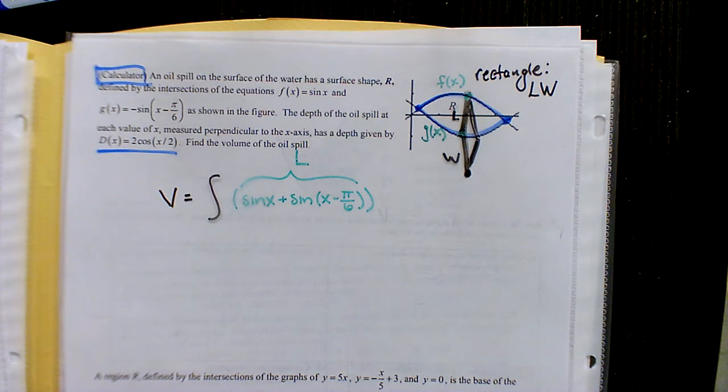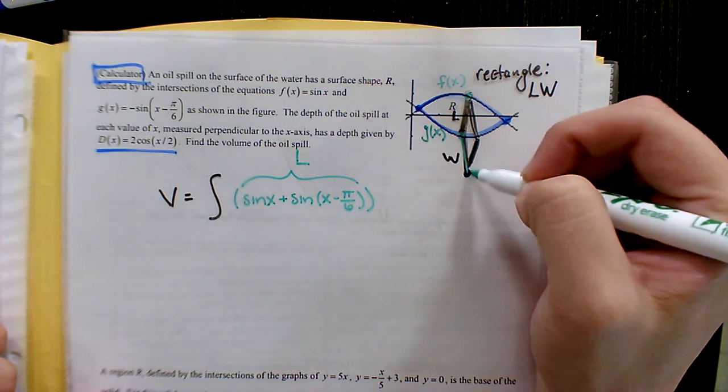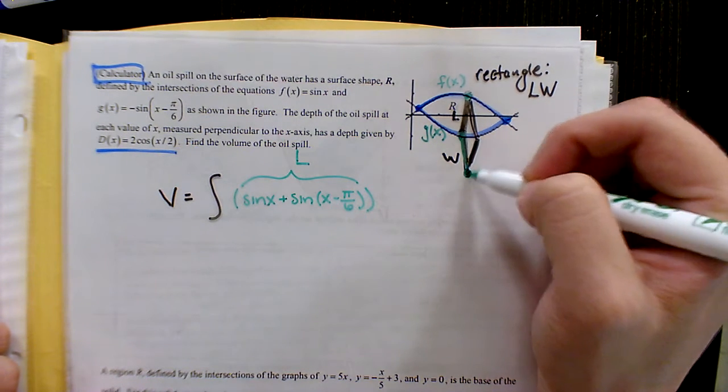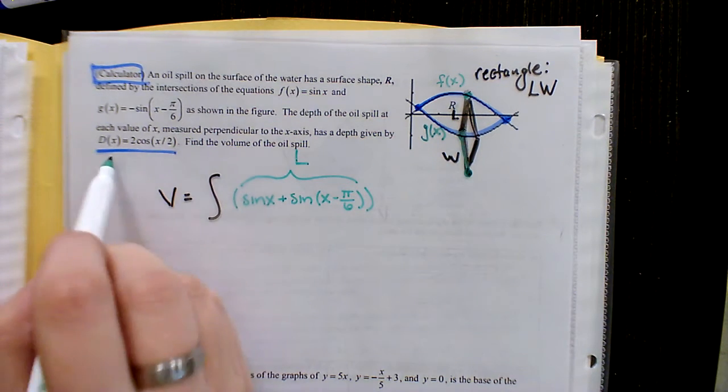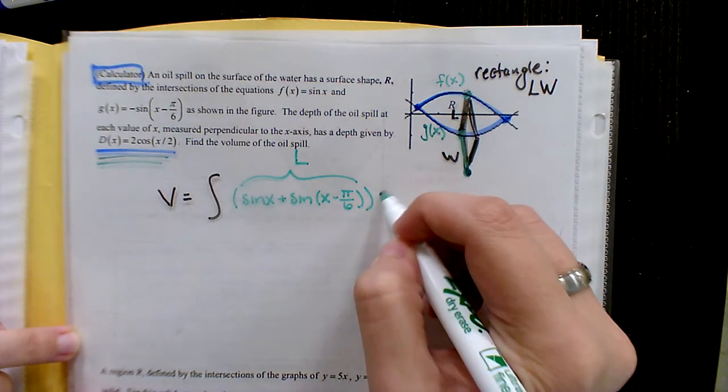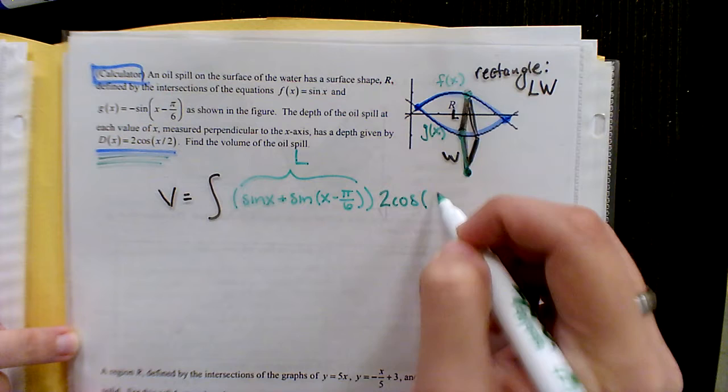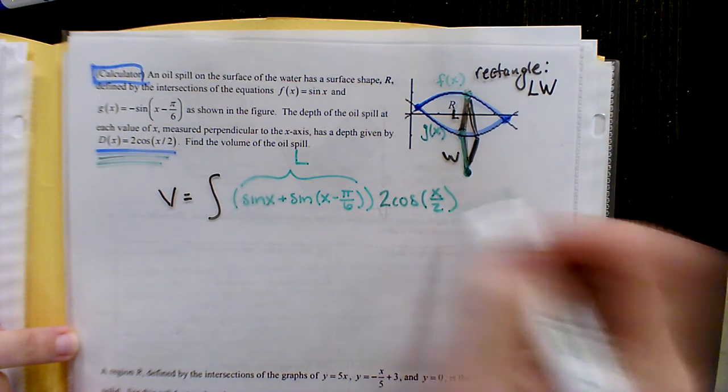And then we need to multiply that by the width, which in terms of this scenario is the depth of that oil spill. And they give us that function, 2 cosine of x over 2.